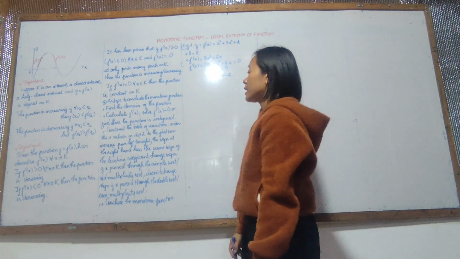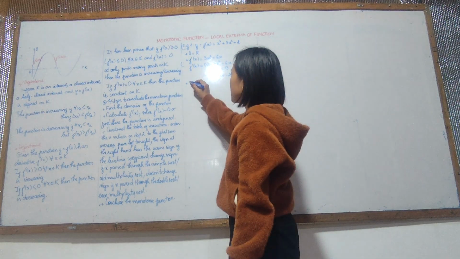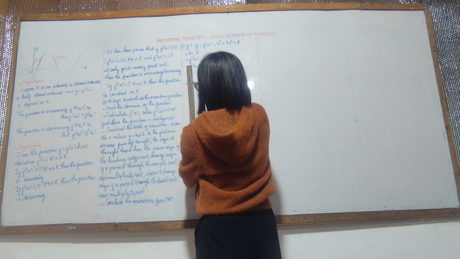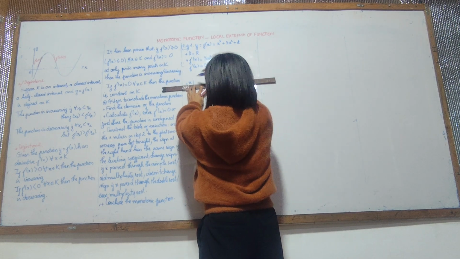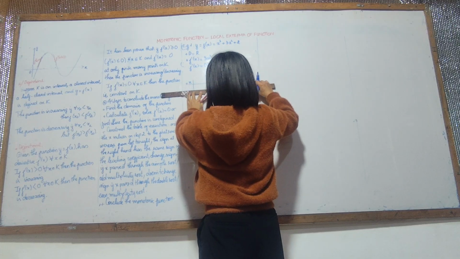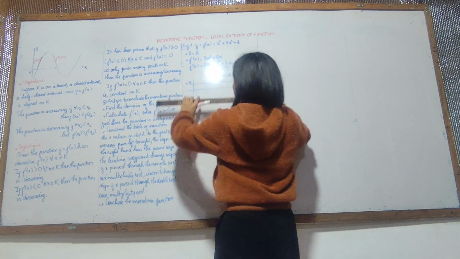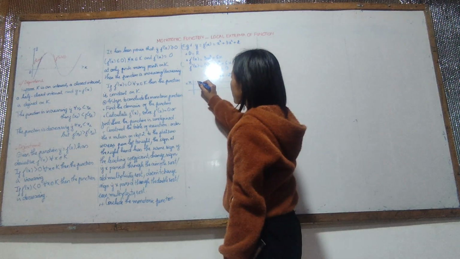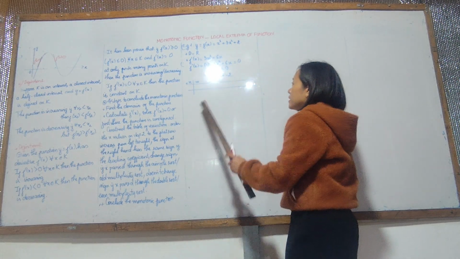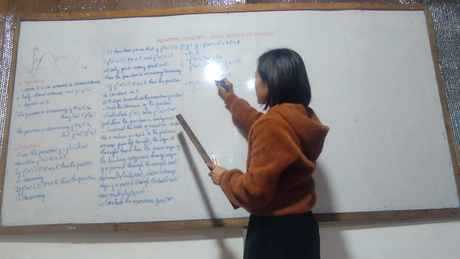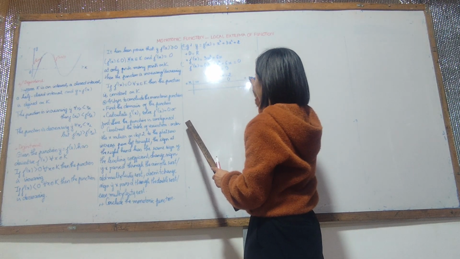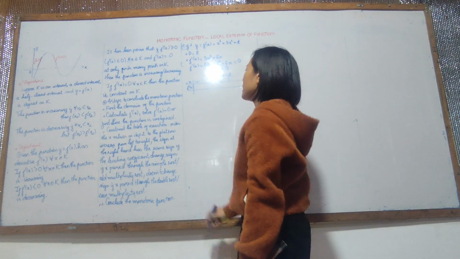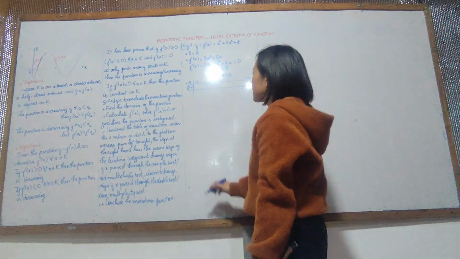Yes, and in step 3 we will construct the table. Three rows. Row 1 for x, and we will start from negative infinity to negative 2, 0, and infinity. Row 2 for derivative.